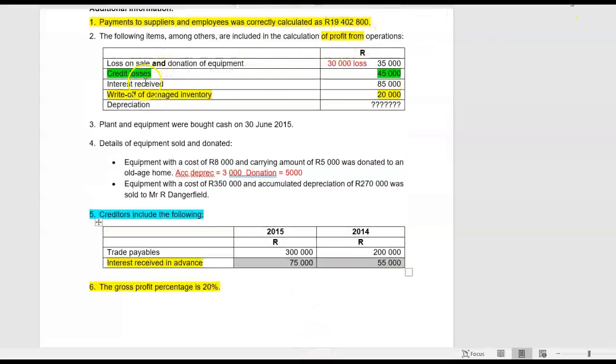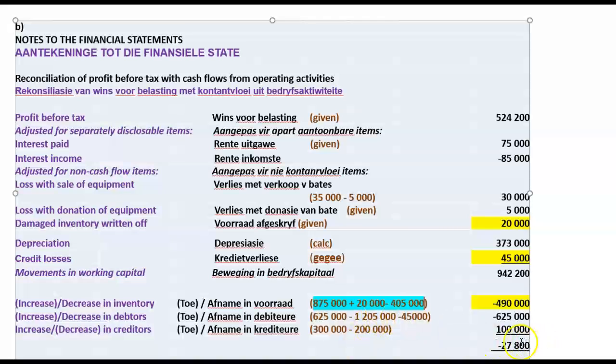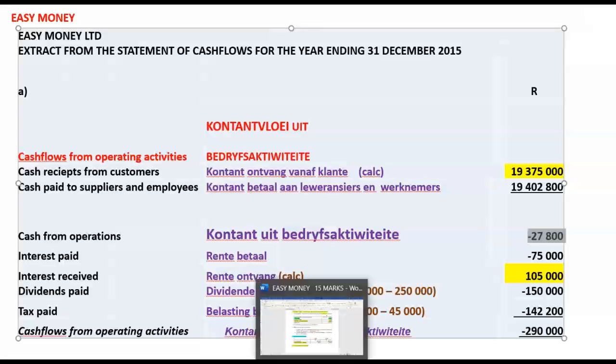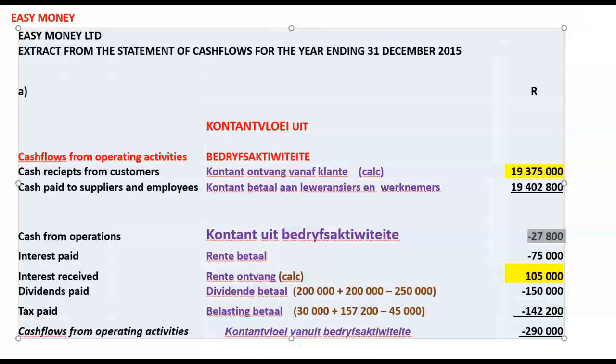Included in our profit figure, interest received of 85,000. Right. So now we can see whether we are actually reconciling. Here we get total cash from operations, an outflow of 27,800, and when we get here, there is our outflow of 27,800. It actually reconciles, so now we can carry on.